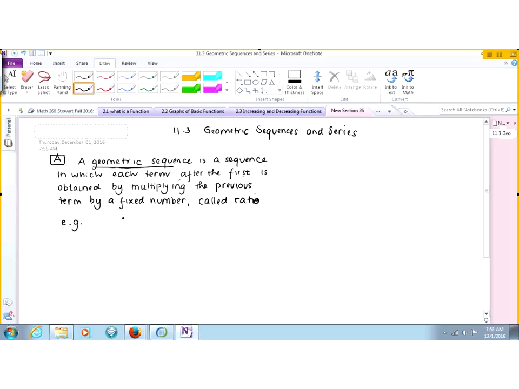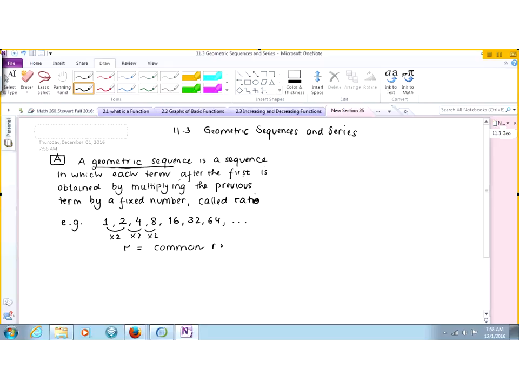So this is a geometric sequence. For example, you have 1, then you multiply by 2, multiply by 2 again, multiply by 2, multiply by 2. And what's the next term? 32, 64, etc. So what we have here is the ratio.